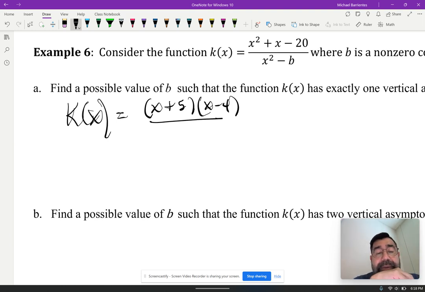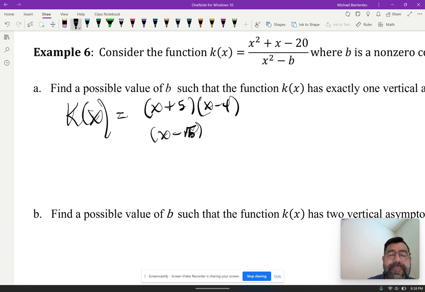And if I factor the bottom, since I could make this like a difference of squares, this would be x minus square root of b, x plus square root of b. If you want to think of it that way, right?